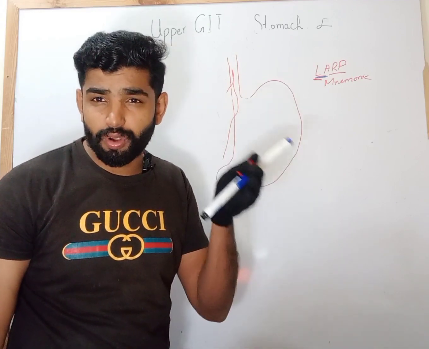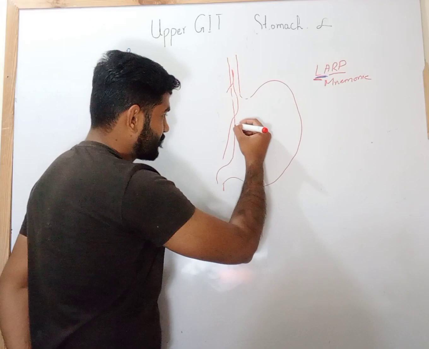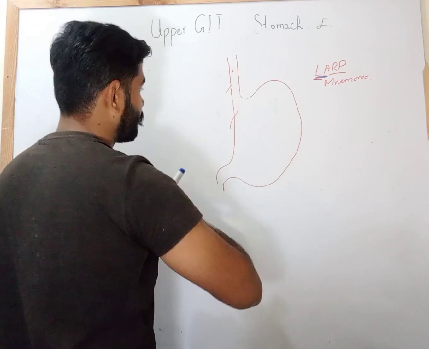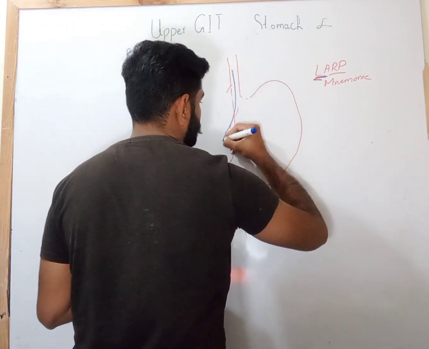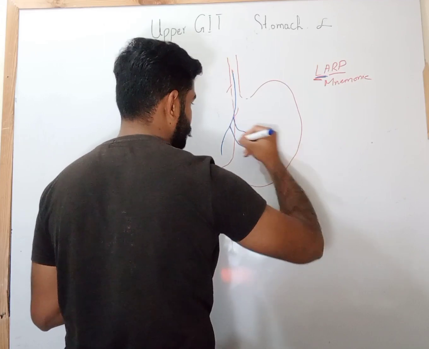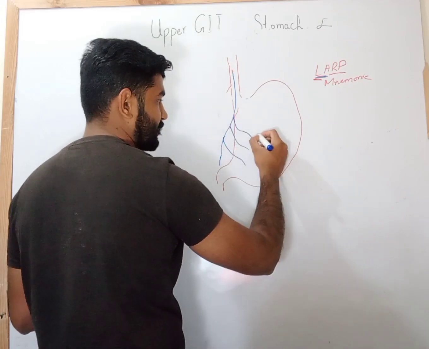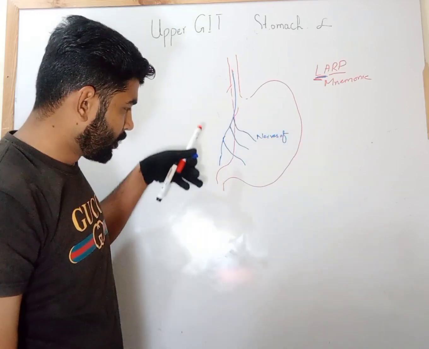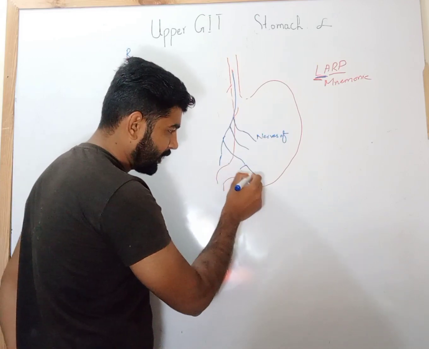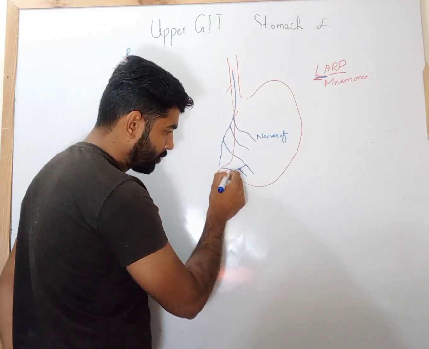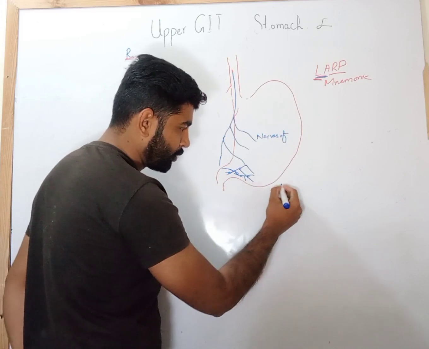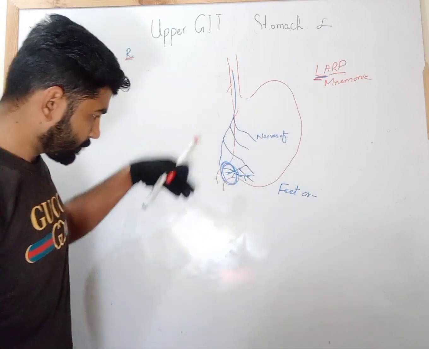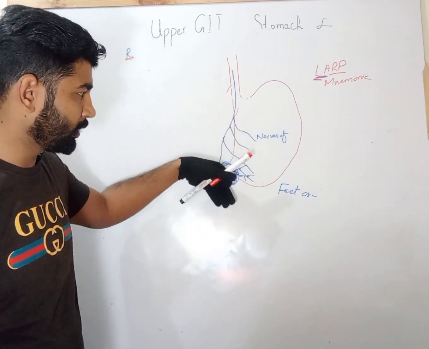This is called the nerve of Latarjet. This is the nerve of Latarjet. Its end stages are called the crow's foot, and it supplies the pyloric sphincter of the stomach.